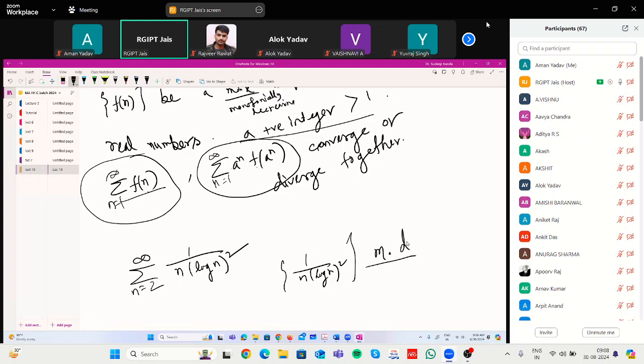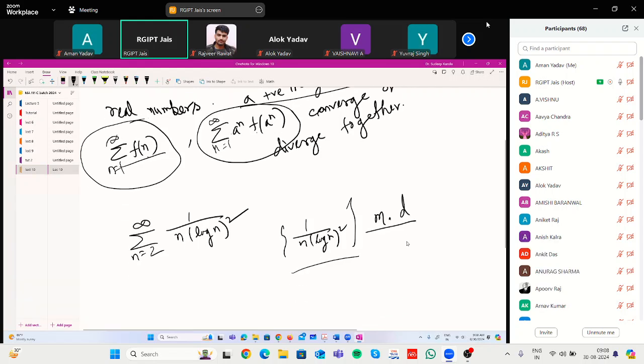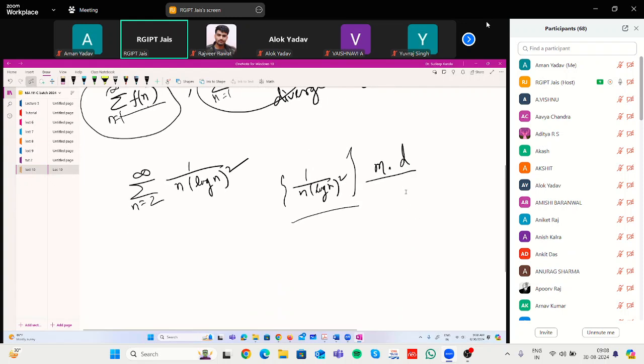Okay, first you have to show that this sequence is monotonically decreasing. So is this sequence monotonically decreasing?